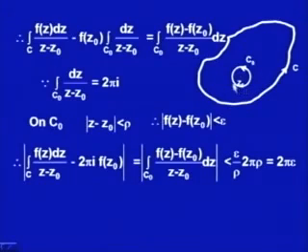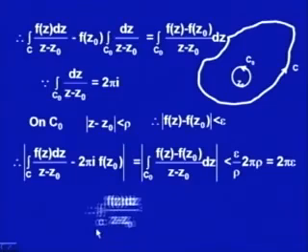The perimeter of this circle, 2 pi r, is here 2 pi rho. So we have got 2 pi epsilon, and since epsilon we have taken as an arbitrarily small quantity, this can be made arbitrarily small. Here we are talking about the absolute value, which can't be negative. The absolute value can be made as small as possible, less than a value that is as small as possible. What it says is simply that this is equal to 0.